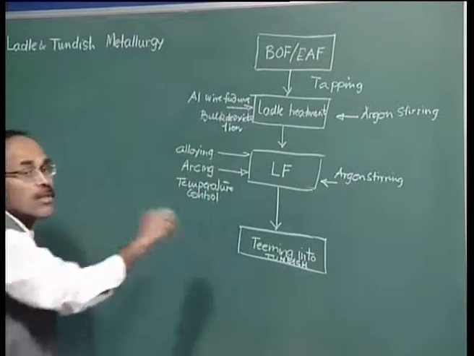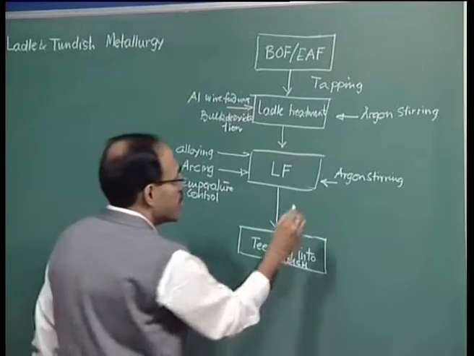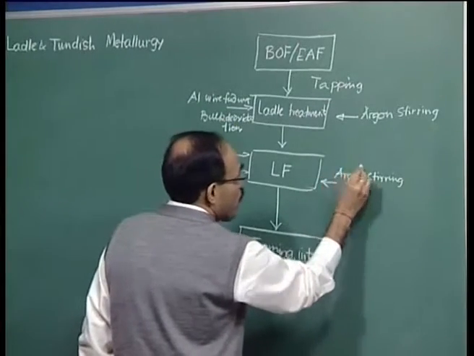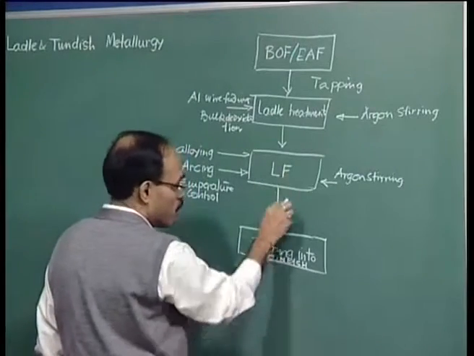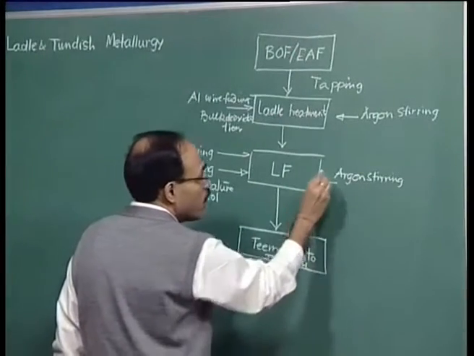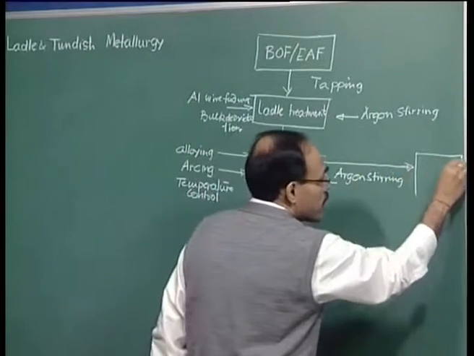So, this is the most common ladle metallurgy steel making circuitry, or the secondary steel making circuitry, but we must understand that we have an option here. After ladle metallurgy we need not go for the ladle furnace, we need not go for teeming. We can have what is known as the VD operation, vacuum degassing.